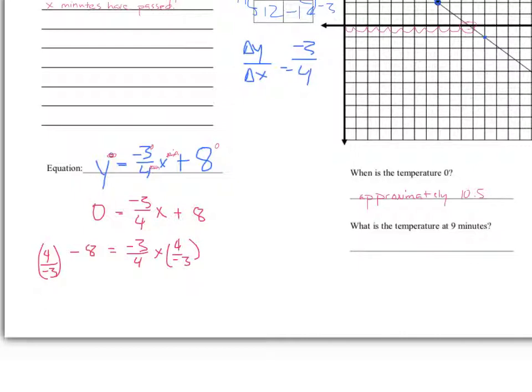And we should get negative 32 over 3 is equal to x, and this is negative 10.6 repeating is equal to x. Okay.